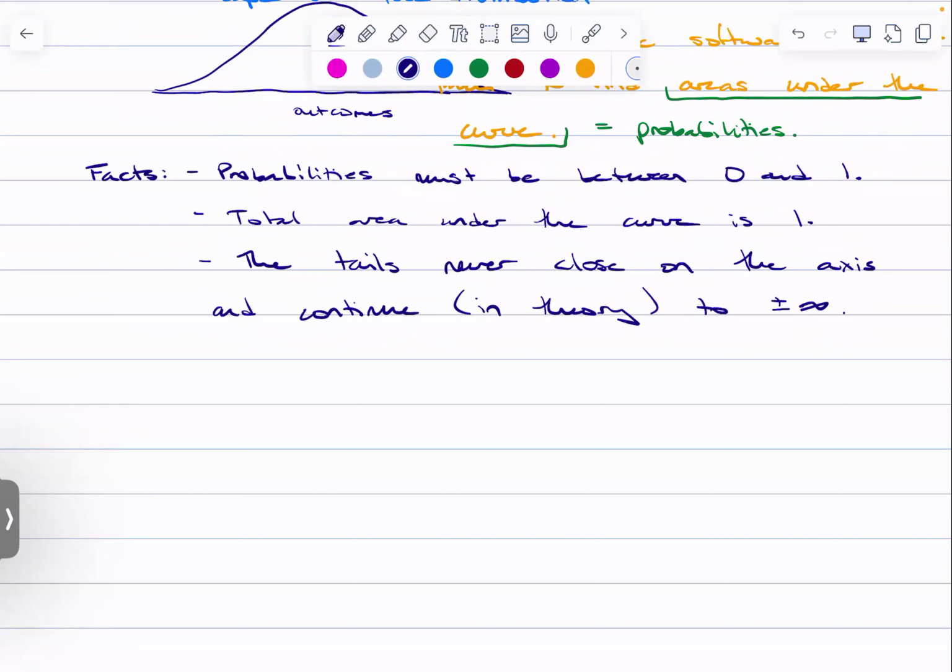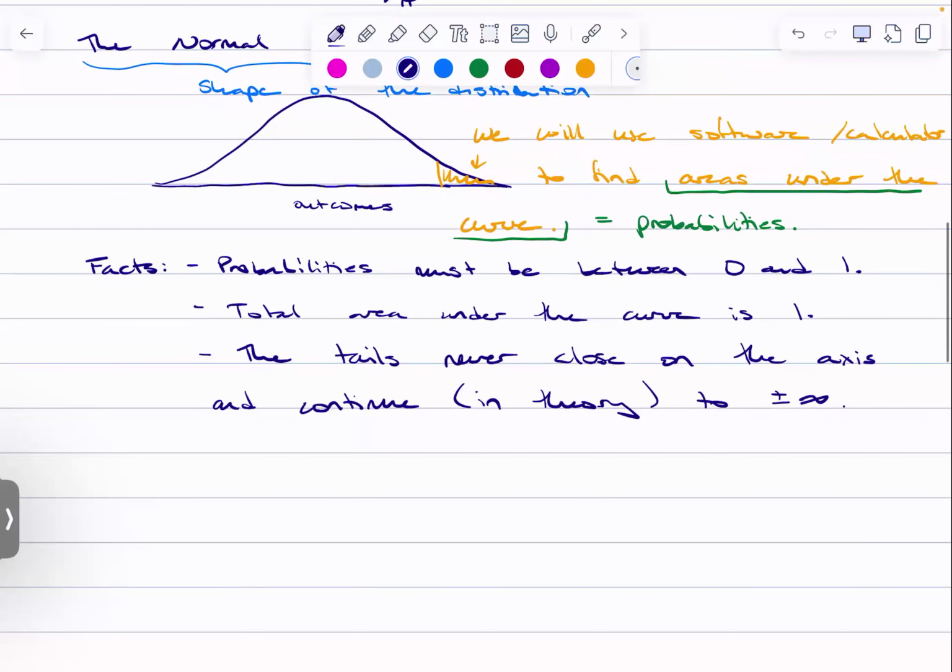How you can interpret that is anything can happen, right? And so the probability is very, very, very small, right? Because the area under the curve is very, very, very small, right? But it can happen, or at least in theory. Right? So we allow it to happen. Okay.